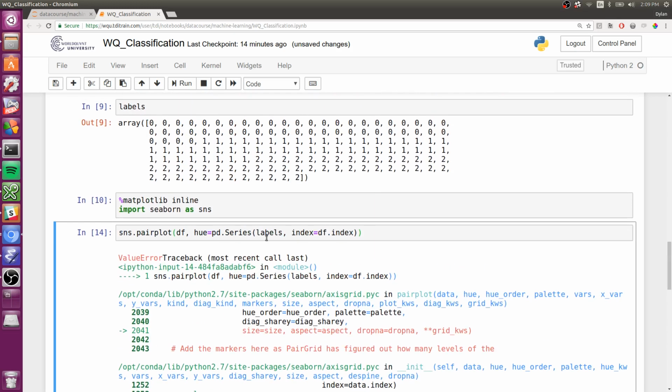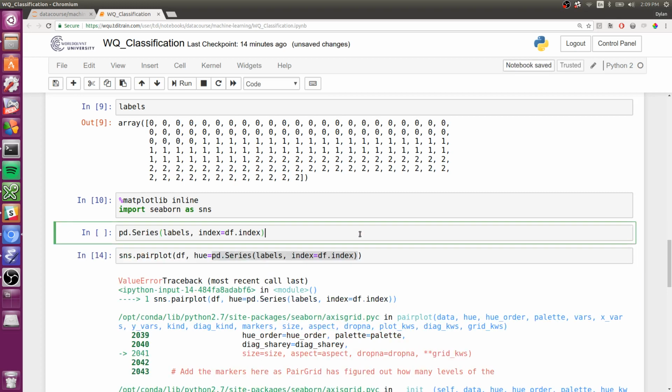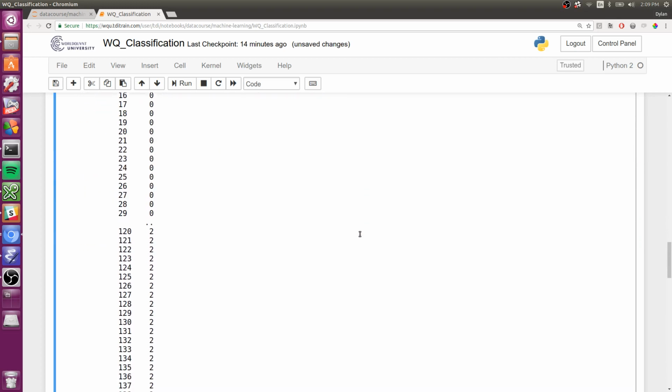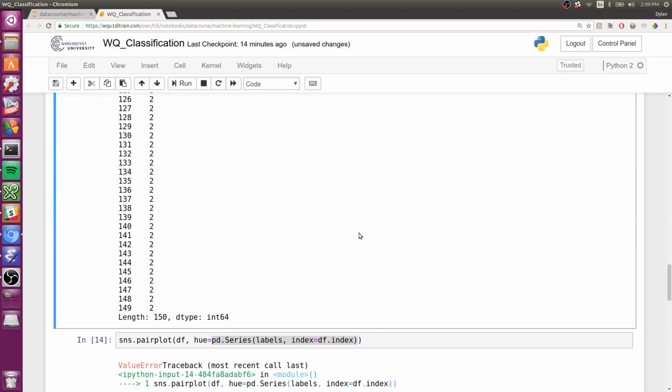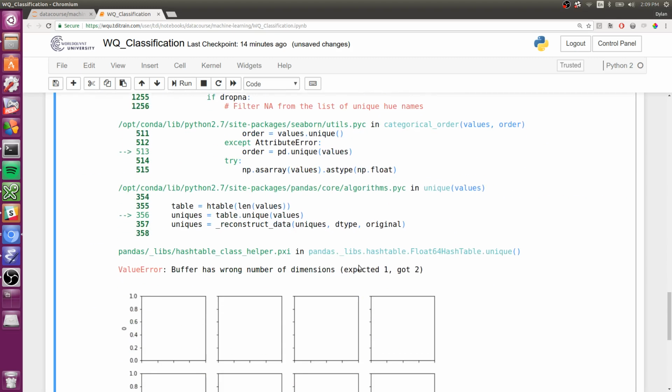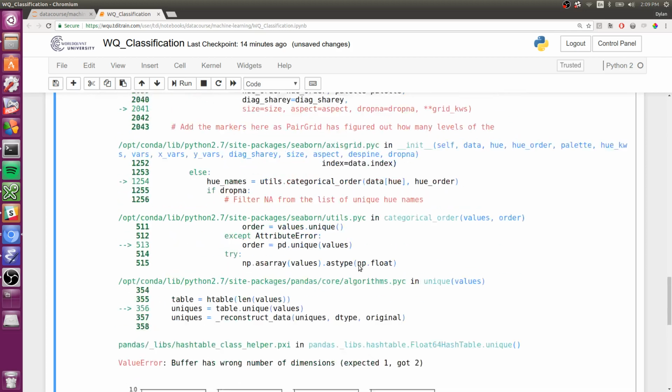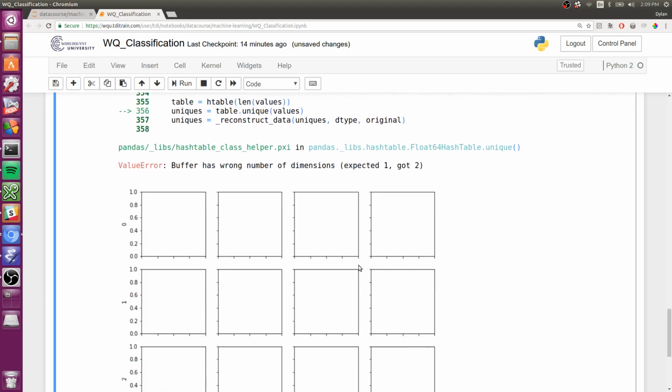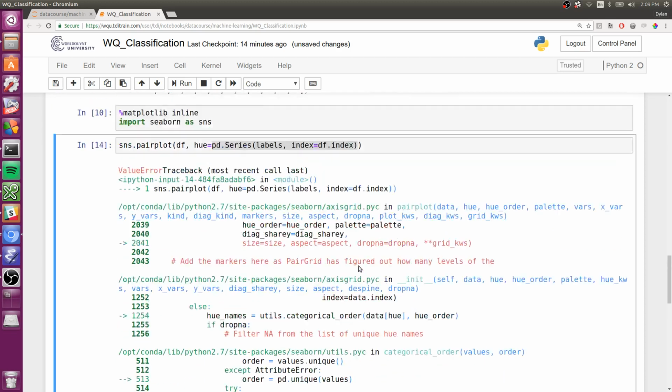Still not working right. Okay. Buffer has wrong number of dimensions. Expected one, got 2.